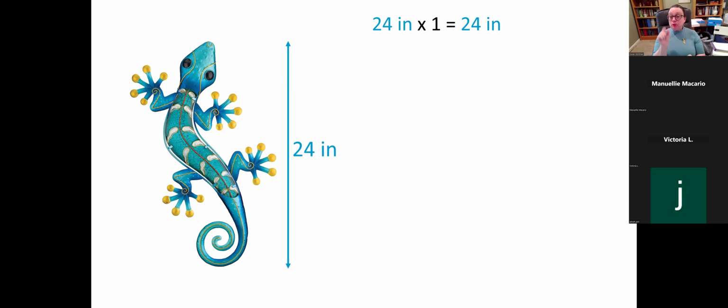All right. So 24 inches times 1 equals 24 inches. I have not changed. You can see the size of my little gecko has not changed at all. I multiplied by 1, nothing happened to it. So instead of 1, can we agree that 42 divided by 42 is also 1? Are we good with that too?